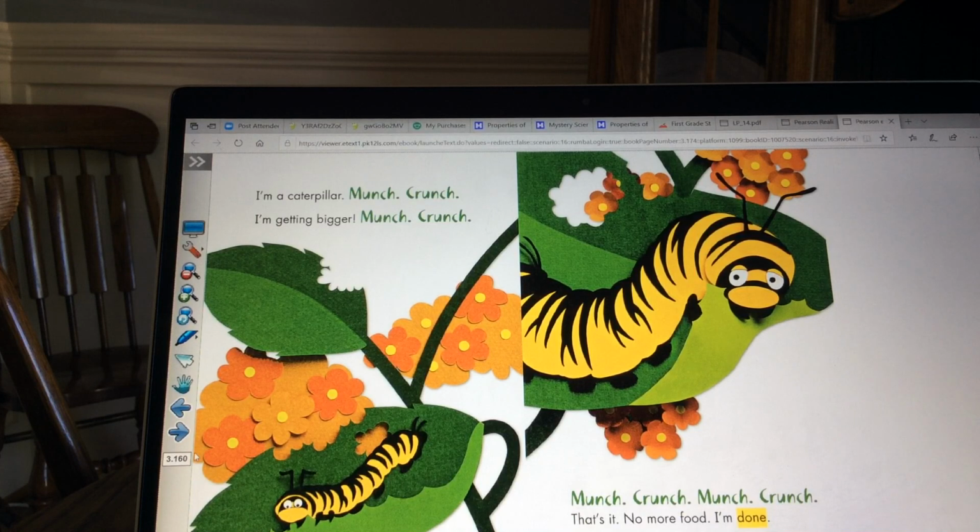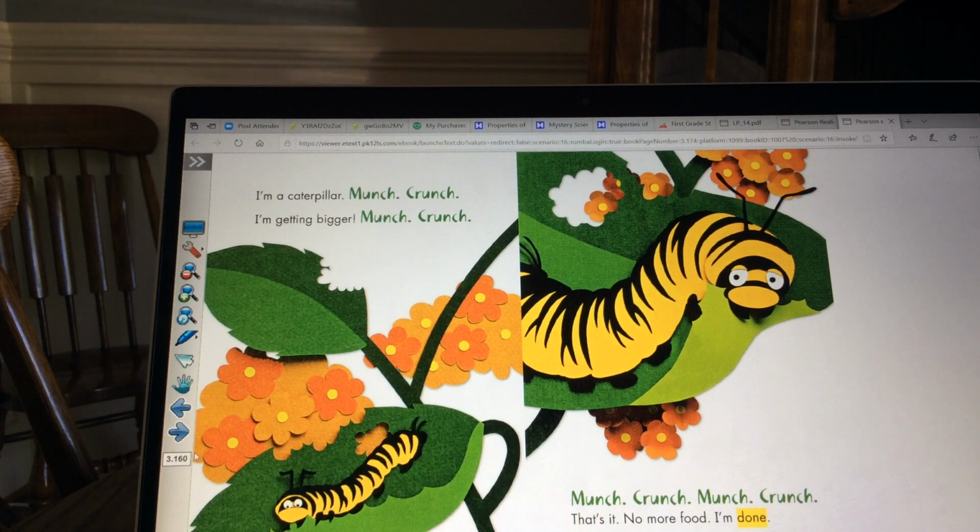Why do you think it's a fact or an opinion? Is leaves taste good a fact or an opinion? Now that sentence isn't in the text, but is it a fact or opinion?